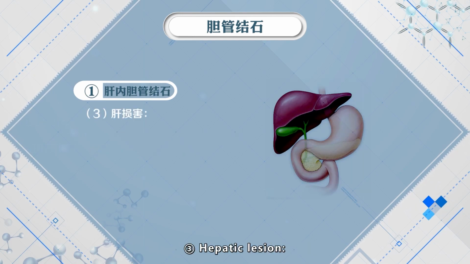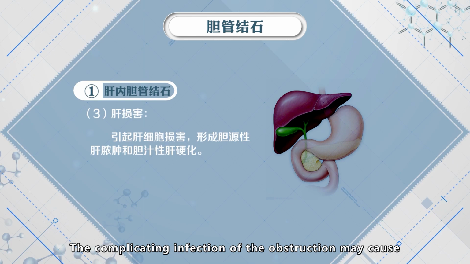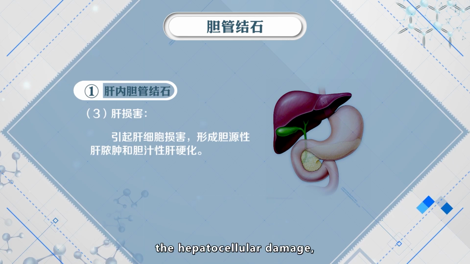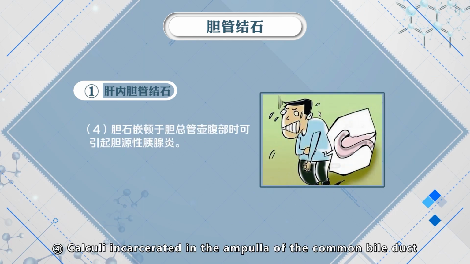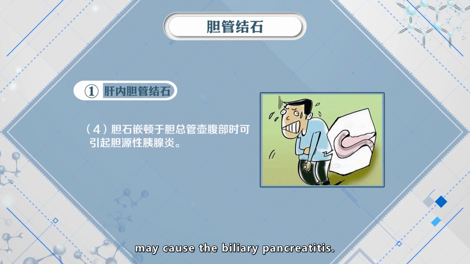Hepatic lesion: the complicating infection of the obstruction may cause hepatocellular damage, resulting in biliary hepatopathy and biliary cirrhosis. Calculi incarcerated in the ampulla of the common bile duct may cause biliary pancreatitis.